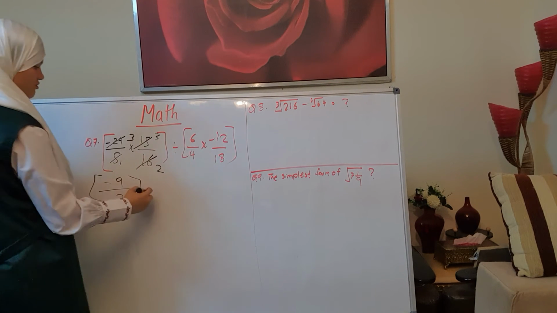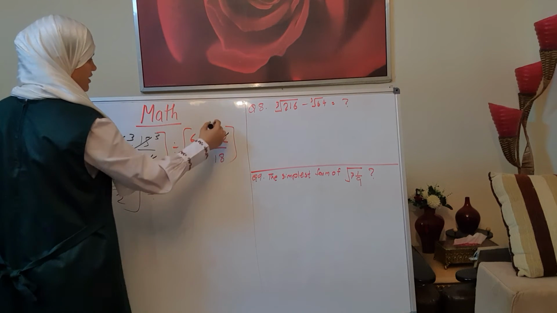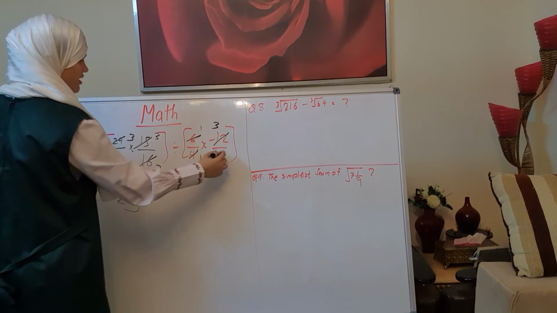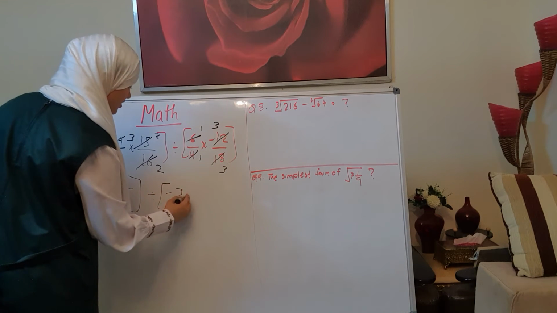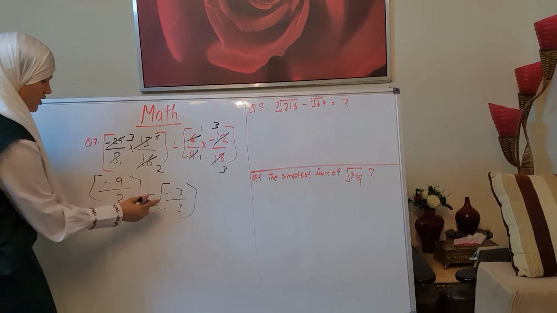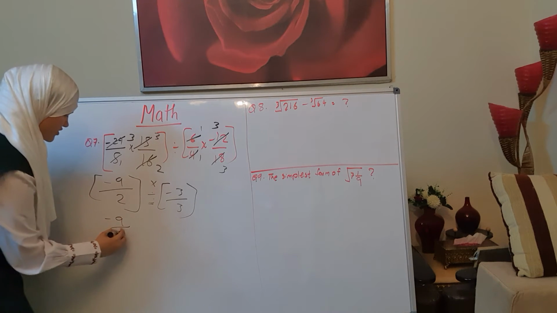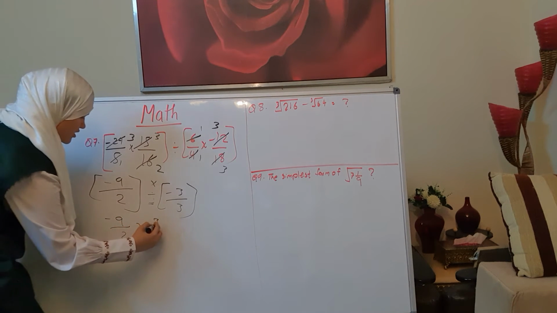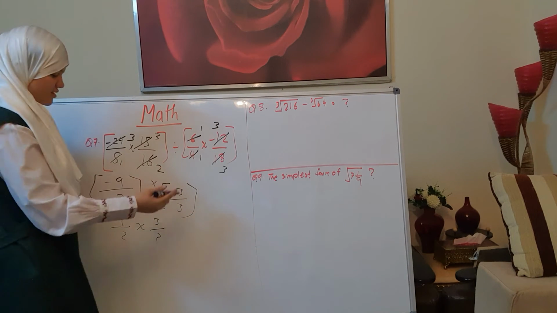The next bracket: divide by 4 and 12, by 1 and 3. So we have in the bracket negative 3 over 3. After that, we change division to multiplication, so negative 9 over 2 times 3 over 3. It is the same because both the denominator and numerator are 3.